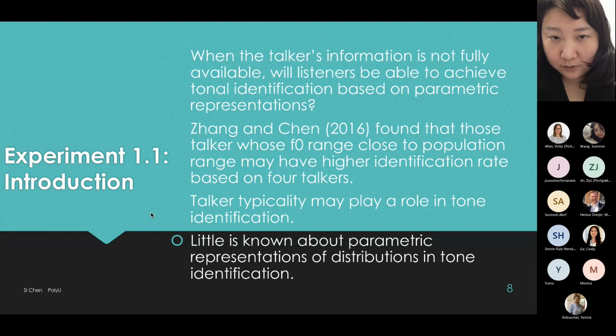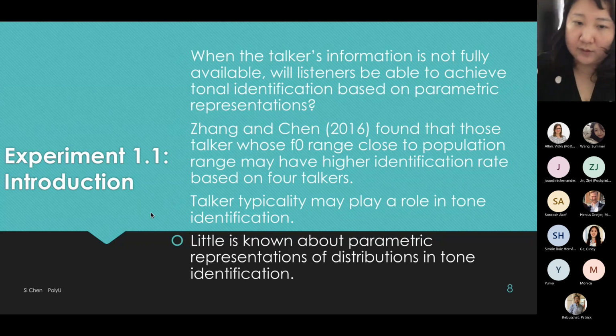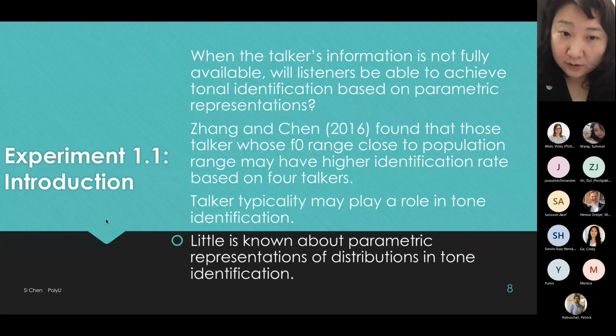So we would like to extend this study and to know more about the details of statistical distributions. So how we can make use of this idea of parametric representations of distributions in tone identification.